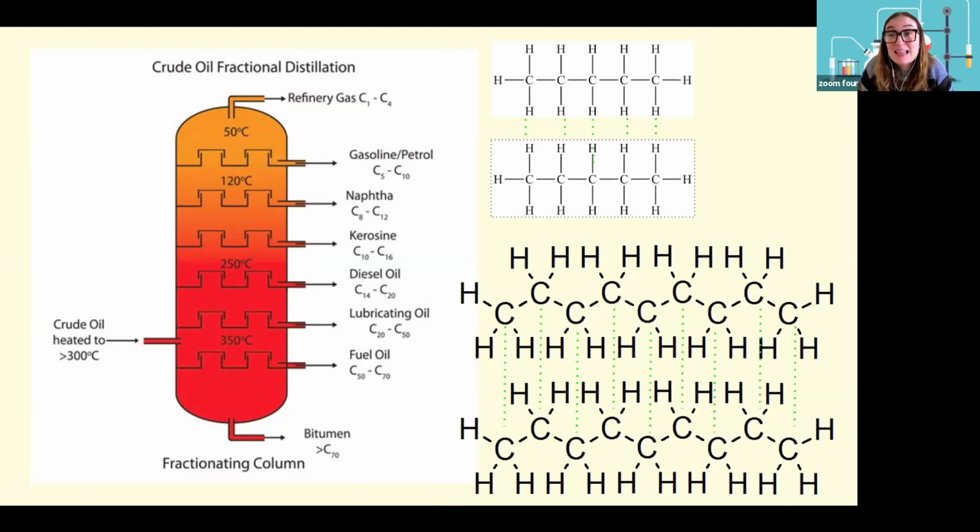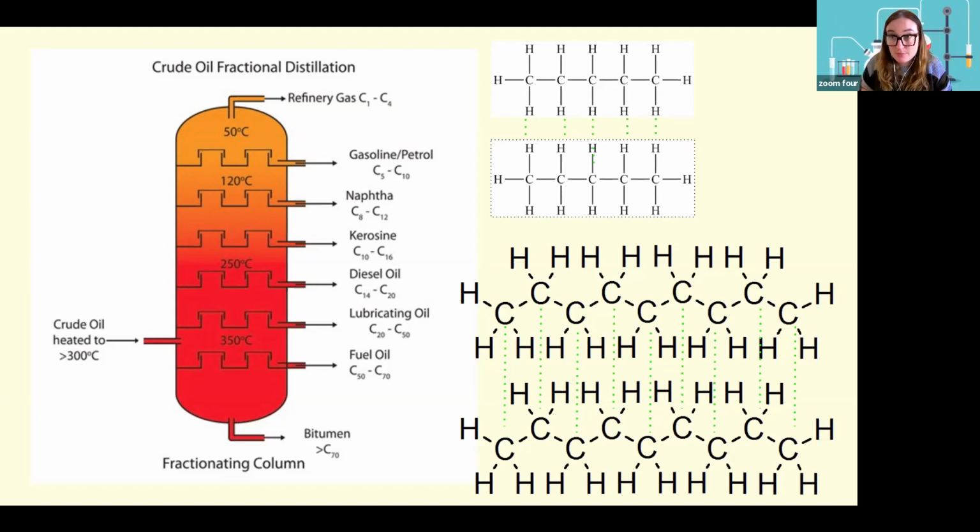That means that it's harder to overcome those intermolecular forces. It requires more energy to separate them and to turn them into a gas. Whereas the smaller the molecule, the fewer intermolecular forces, the weaker the intermolecular forces. So therefore, you don't need as much energy to pull them apart to turn them into a gas.